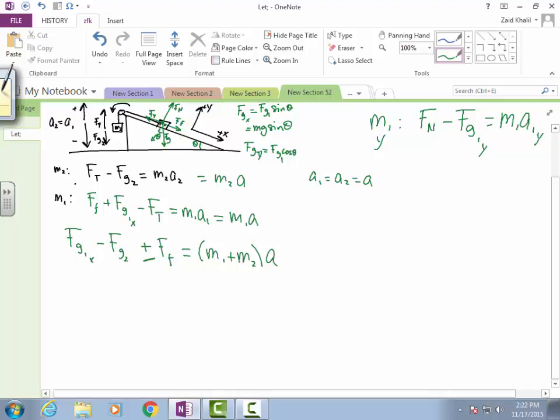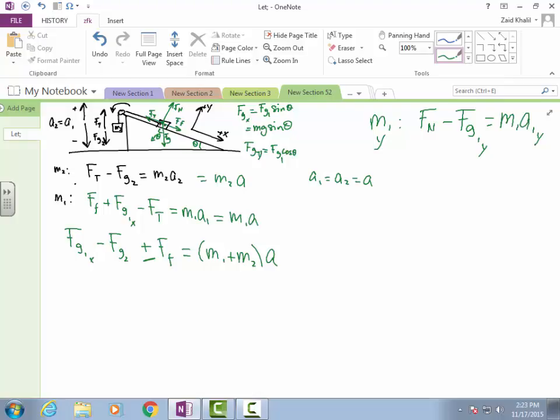But the question is, what is that acceleration of M1 in the y direction? It's 0.